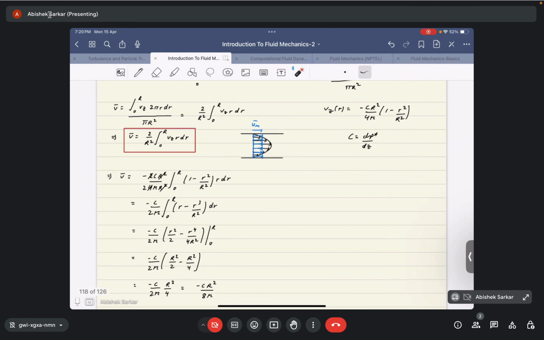Now if we substitute the value of vz in this equation, then we can find the expression for v bar, the average velocity, in the case of flow through a pipe. So now let's substitute the value of vz of r in this expression and try to evaluate the integration.